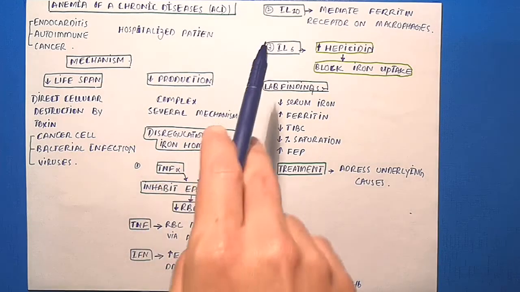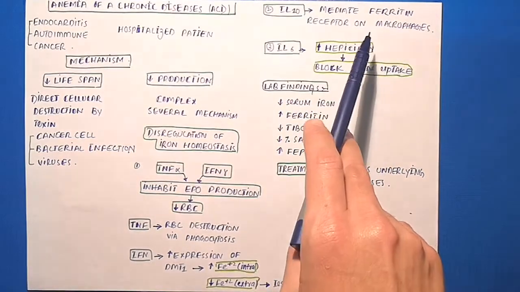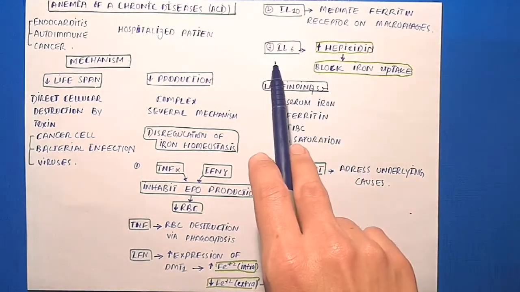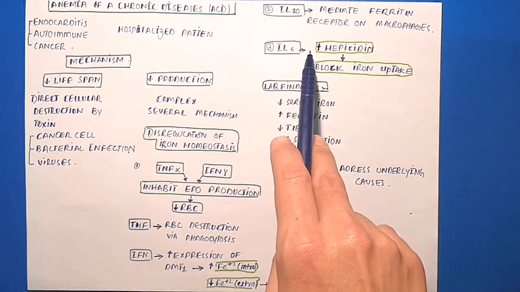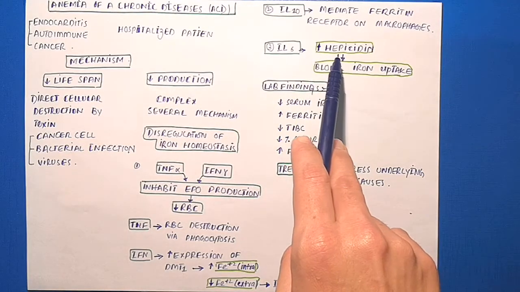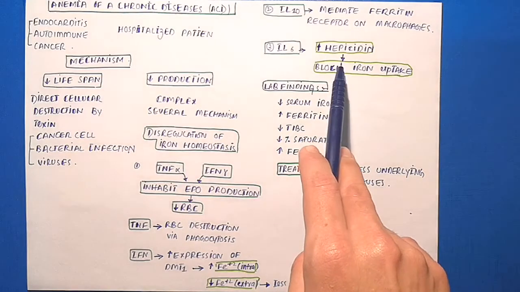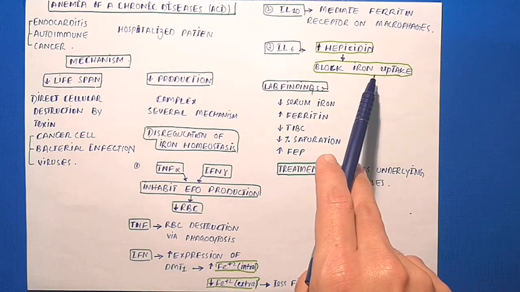Interleukin 10 mediates the ferritin receptor on macrophages, and interleukin 6 increases the hepcidin level in the liver, which blocks further uptake of iron from the small intestine.